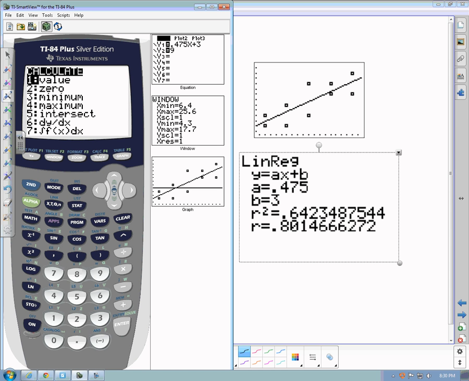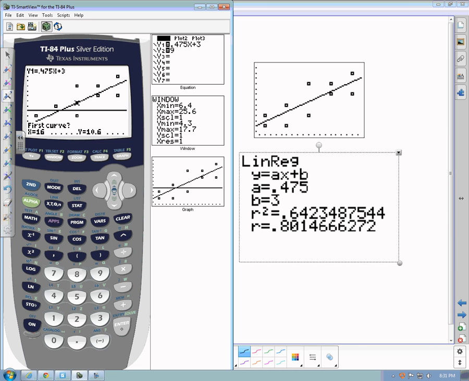Casios, you can just do an XCal and then type in the number and it will find it for you. And when you find the intersection point, it's going to ask you the first curve and the second curve, and then it's going to ask you to guess, but you don't have to. And there you have it.